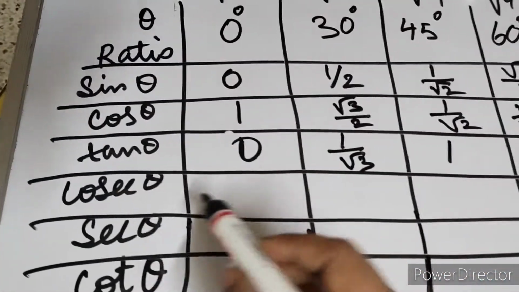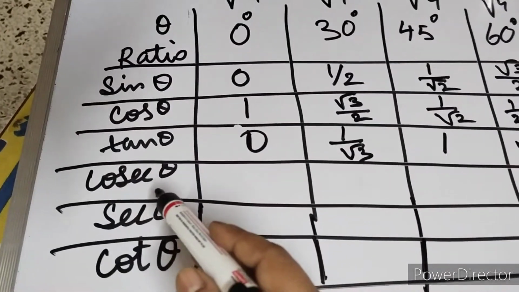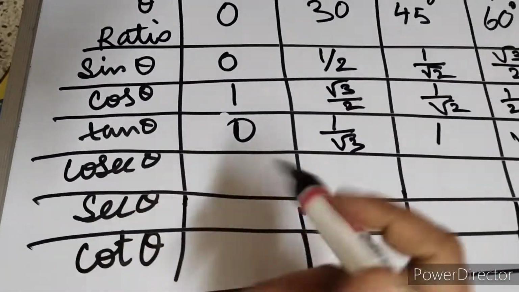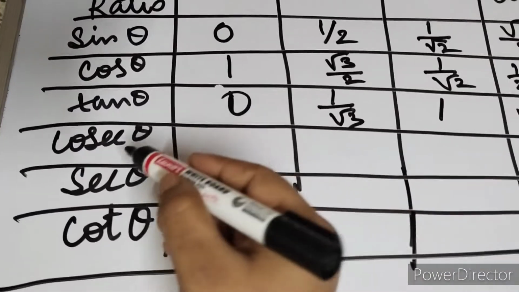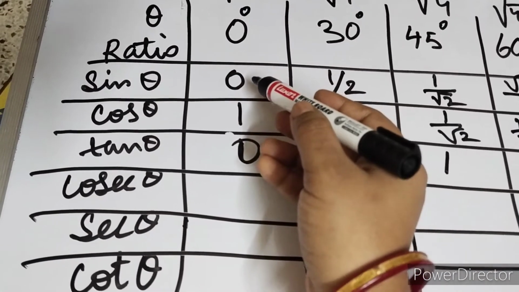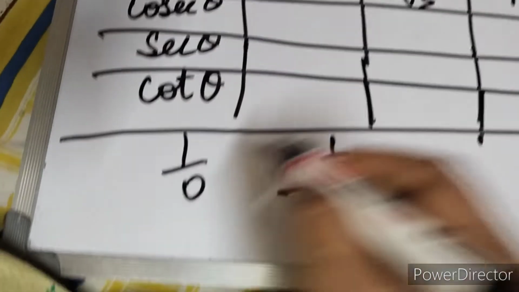Similarly, you can also write the values of cosec theta, sec theta and cot theta, because cosec theta is nothing but the reciprocal of sin theta. So if it is the reciprocal of sin theta, then cosec 0 will be what? Since sin 0 is 0, it is 1 by 0, and 1 by 0 is undefined.